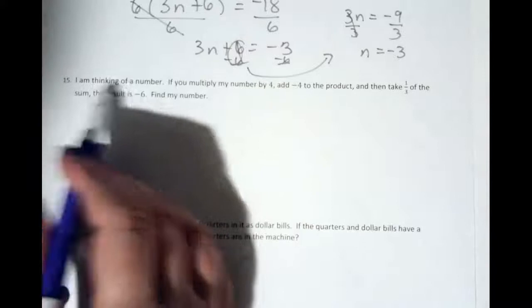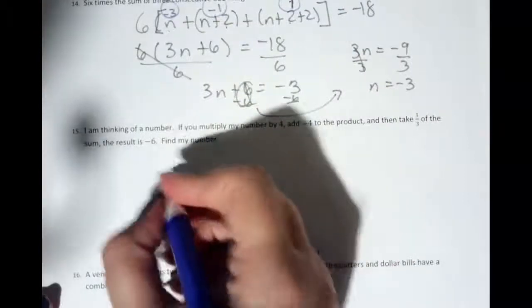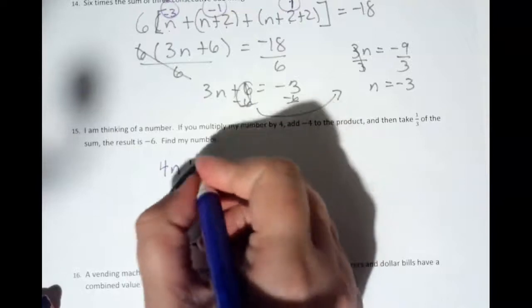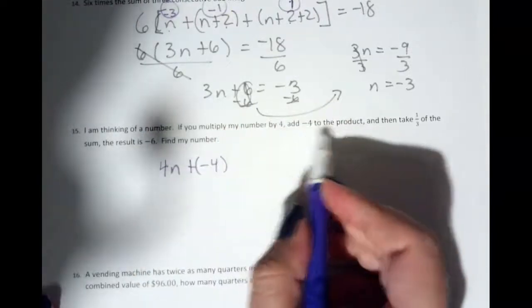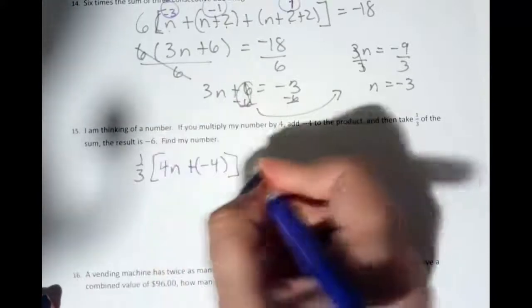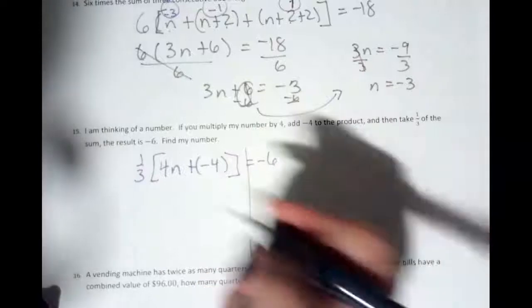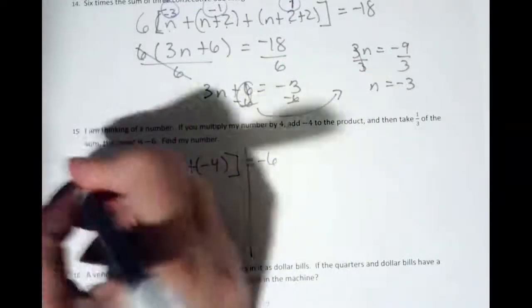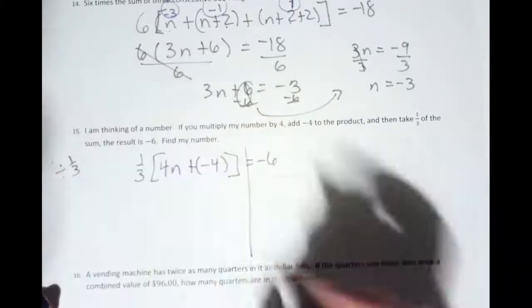Okay, this is a mystery puzzle. Thinking of a number, you multiply the number by 4, and you add -4 to it. Then you take 1/3 of that, and you get -6. So to find the number, we're going to do all the inverses. We're going to divide by 1/3, which is actually multiplying by 3.